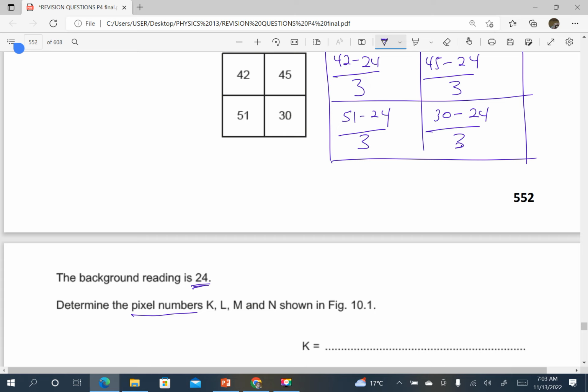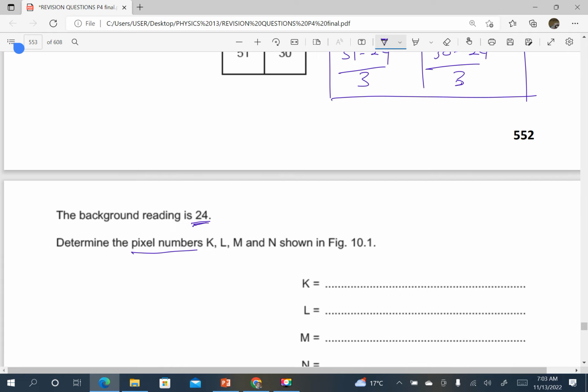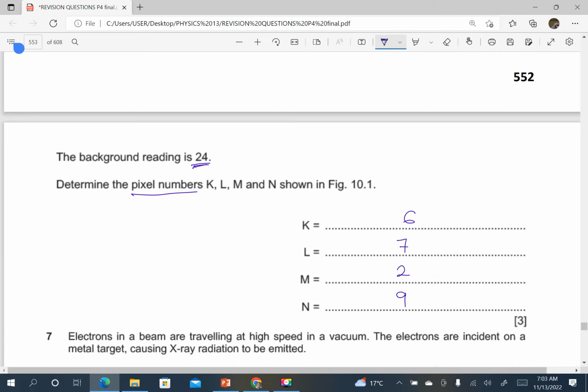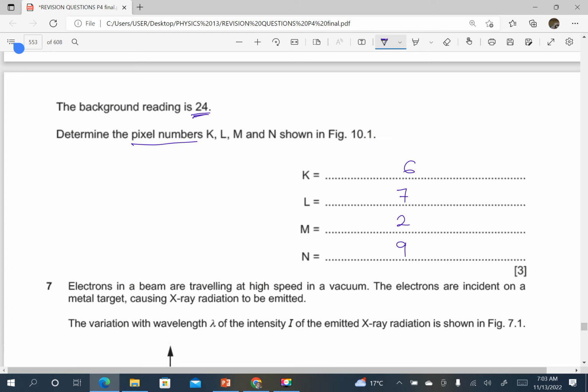And N is 51 minus 24 divided by 3, which I think is 9. You can press and check. So K is 6, L is 7, M is 2, and N is 9. So those are the pixels.